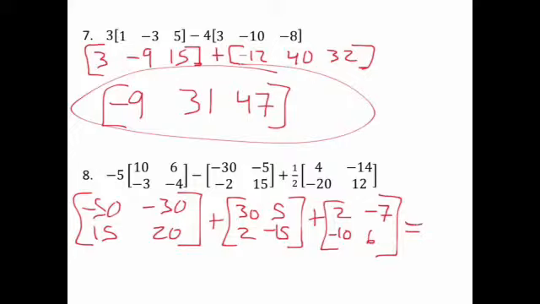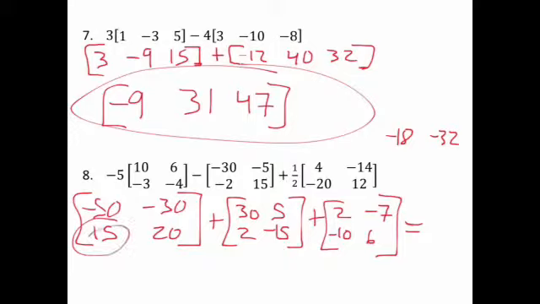And now I just need to add all those pieces together. And I'm running out of space, so I'm going to put it up here. -50 plus 30 plus 2. Well, that's just the same thing as 32 minus 50, which is -18. So I'm going to have -18 as my first entry. And then I have 30 plus 5 plus -7. That's the same thing as -37 plus 5, which is going to give me -32.